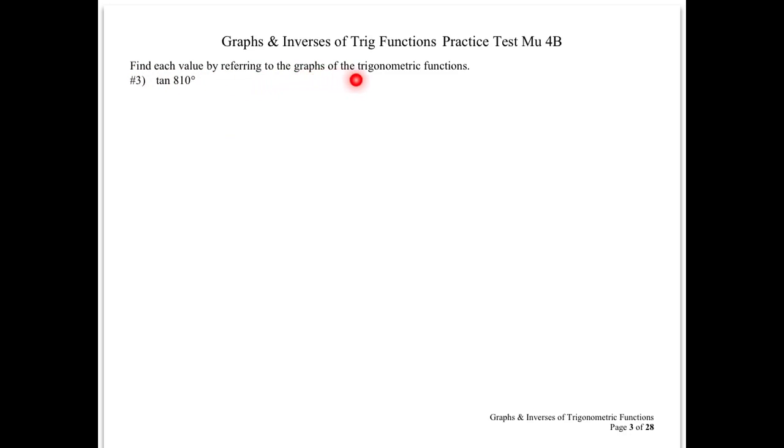Find each value by referring to the graphs of the trig functions. Tangent of 810 degrees. If I make one complete revolution in the positive direction, that's 360. If I make two revolutions, that's 720. 810 minus 720 is 90, which means the coterminal angle to this is 90 degrees.